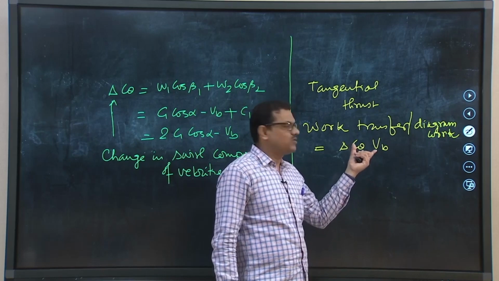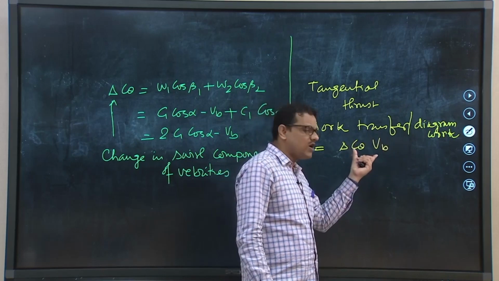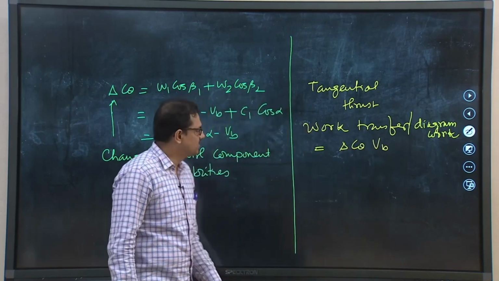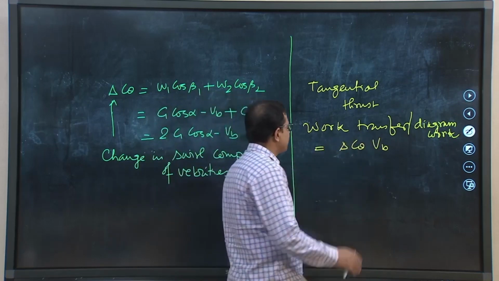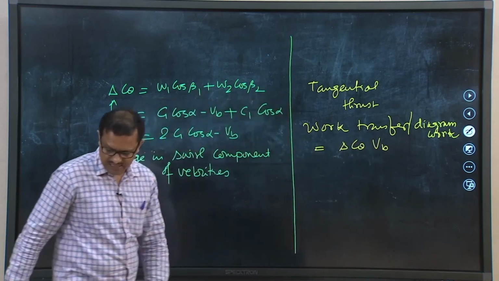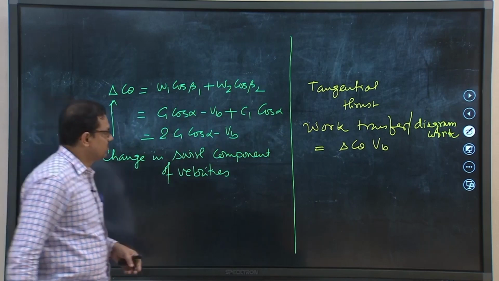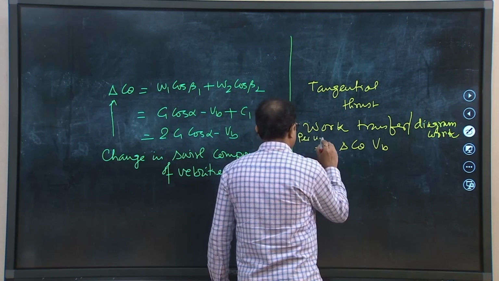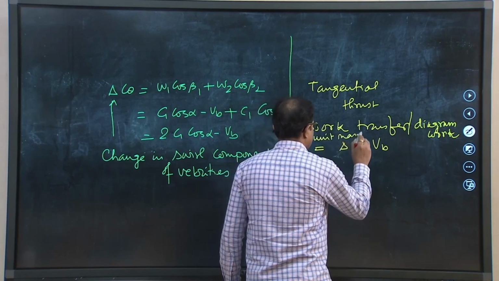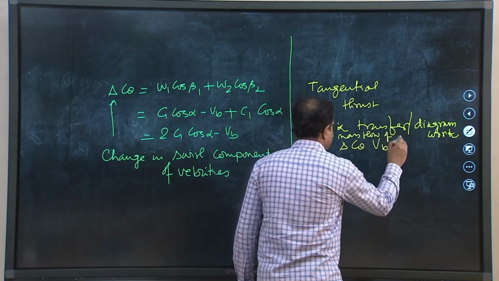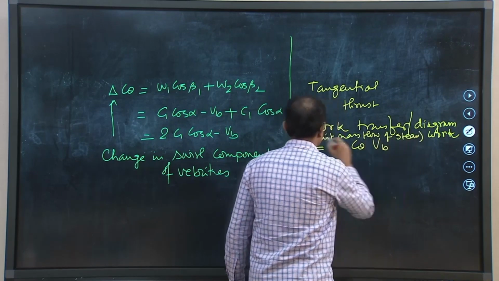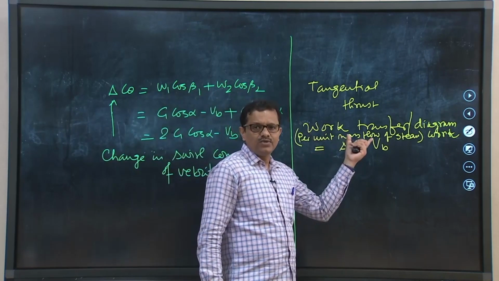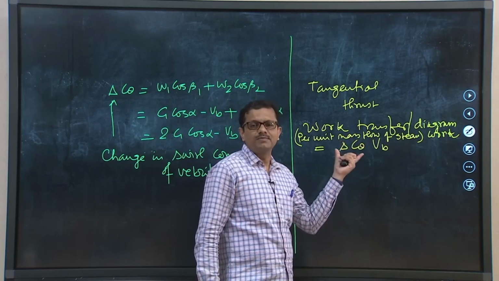Now, if we quantify work transfer or diagram work per unit mass of steam flow, then it is delta C theta V b by m s. Then this is the amount of work that we can extract at the cost of some input energy.